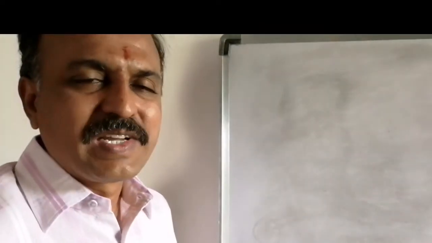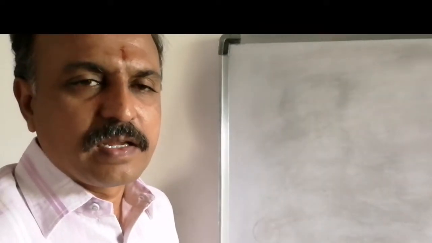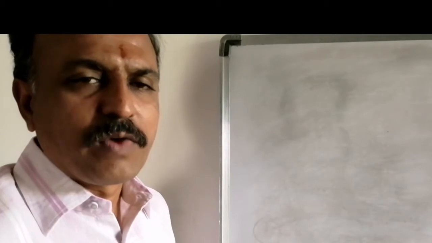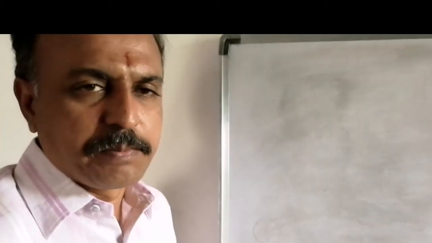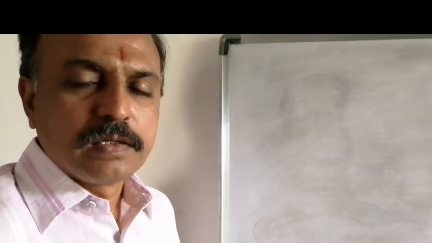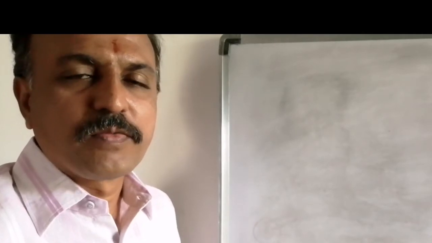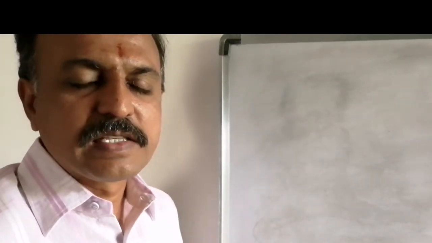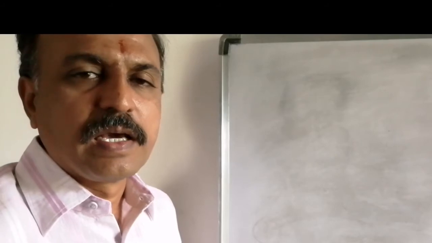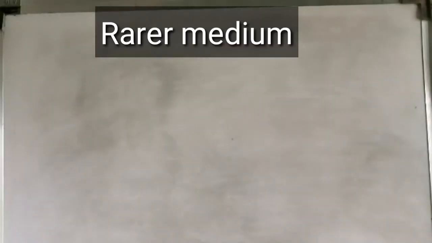Now, how does a light ray travel from one medium to another medium? Here we take two types of media, one denser and another rarer. First of all, what is a rarer medium?